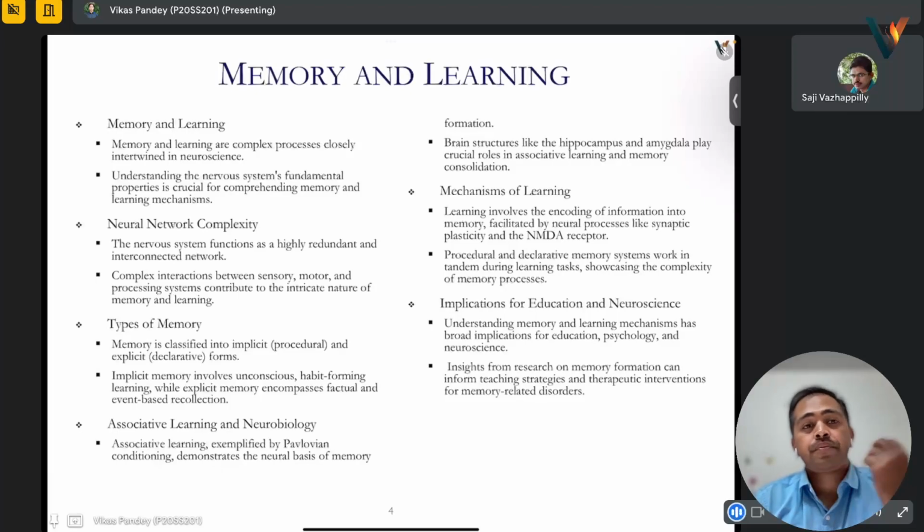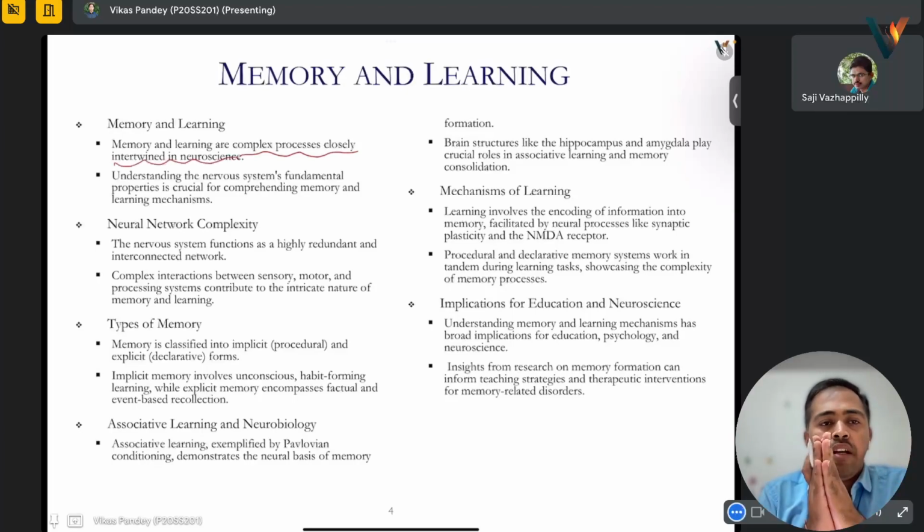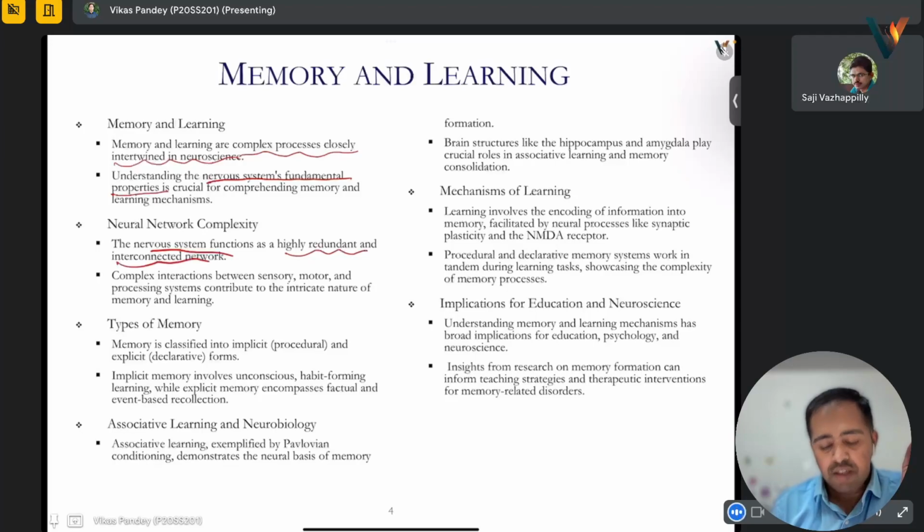Memory and learning are complex processes closely related in neuroscience. To understand memory and learning mechanisms, we must understand the nervous system's fundamental properties. That is why we have been learning a lot of things till now. The nervous system function is a highly redundant and interconnected network.